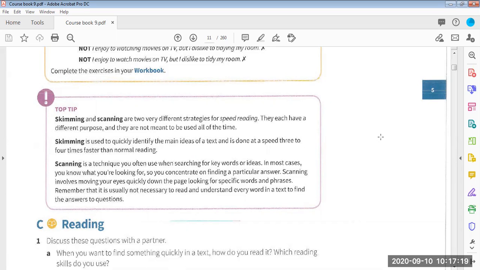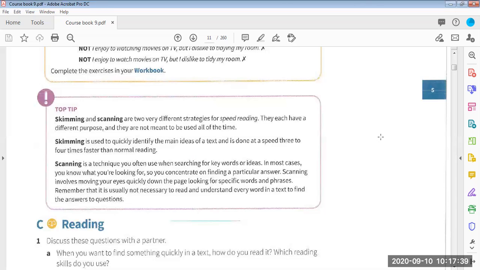Second technique is scanning. Scanning is a technique you often use when searching for keywords or ideas. In most cases, you know what you are looking for, so you concentrate on finding a particular answer.